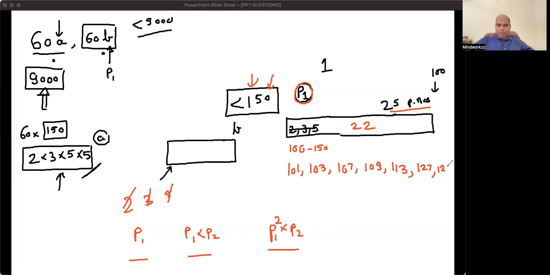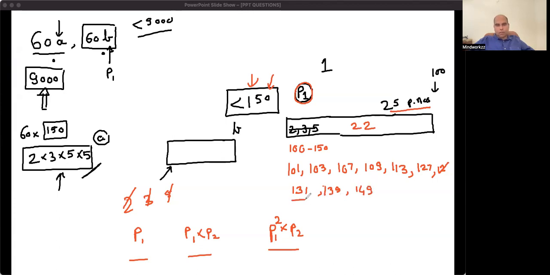And then you also have 129, which is a multiple of 3. 131 is a prime number. Then 139 is a prime number again. And 141, 143, 145, 147 are not prime, 149 is a prime number.